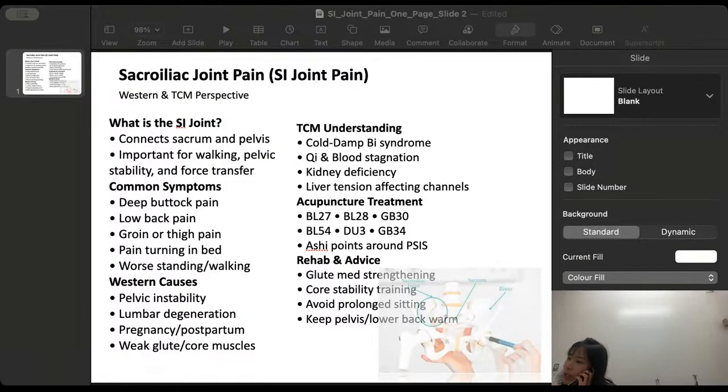Do you want to come for a treatment? It's a 1 hour treatment, and let's see how your body responds.